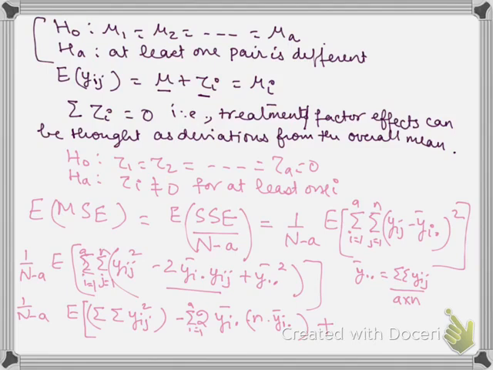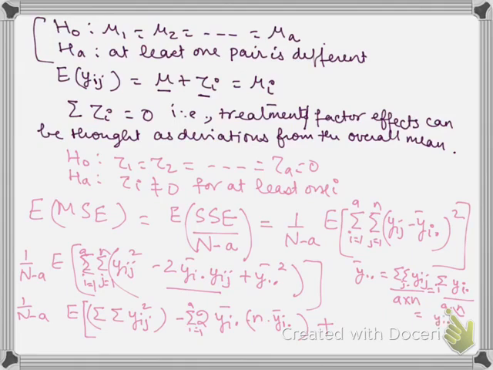If I run this summation, I would get yi dot over a times n, and yi dot over n would give me yi dot bar.